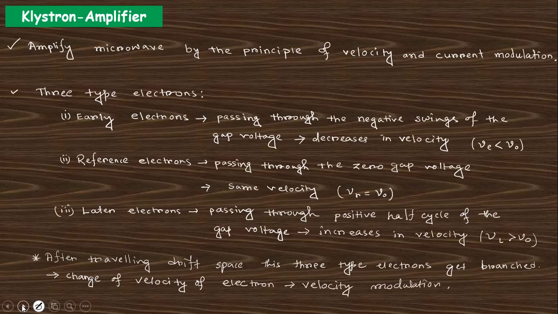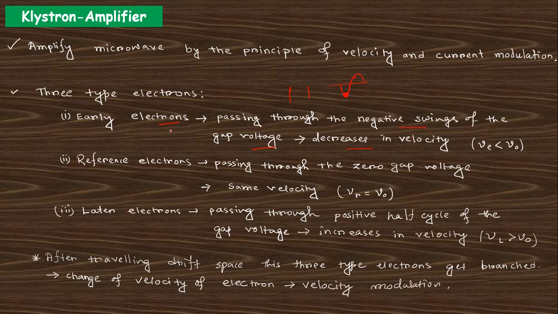We can say there are three types of electron. The early electron passes the negative swing of the gap voltage, so its velocity decreases. That means the energy of the electron will decrease.